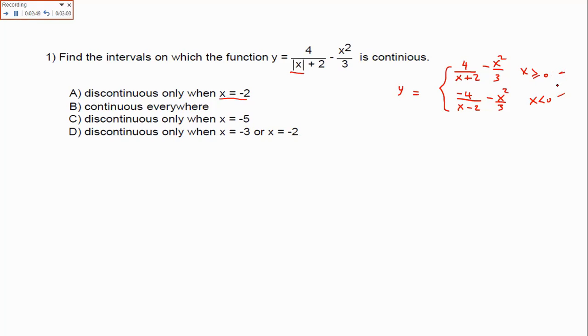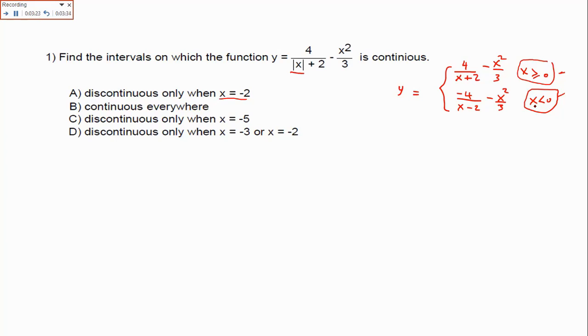This is one branch of the domain, and this is the other branch of the domain. In which branch is negative 2? The one on the bottom, right? Because this one is for all x's greater than or equal to 0. This is for x less than 0. So negative 2 is less than 0.